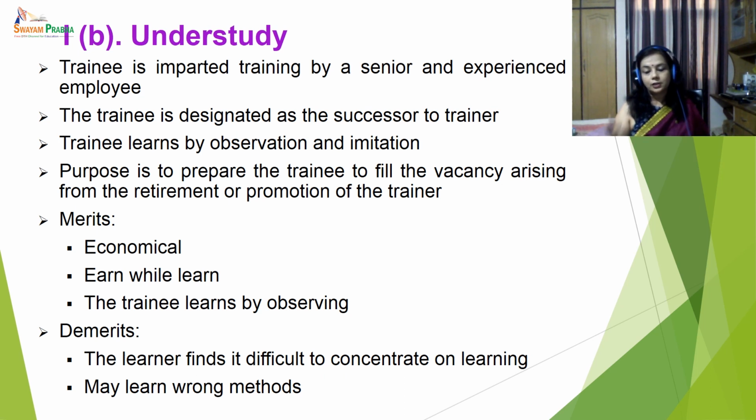If the senior or experienced employee himself is doing it incorrectly, then the trainee will also learn the same way of doing things, and that mistake will continue, and they will never learn the correct way of doing things. So that is about understudy.